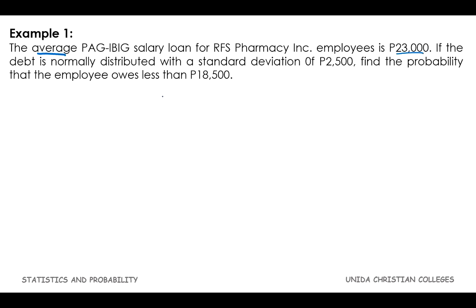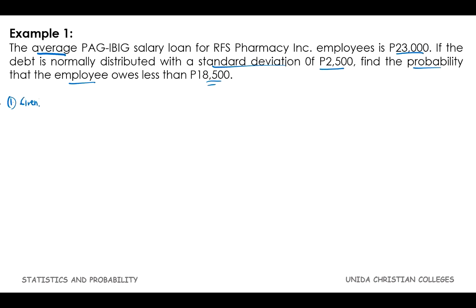So, if the debt is normally distributed with the standard deviation of 2,500, find the probability that the employee owes less than 18,500. So, kukunin natin yung probability o yung area kung saan yung mga employee ay mas mababa yung inutang nila sa 18,500.